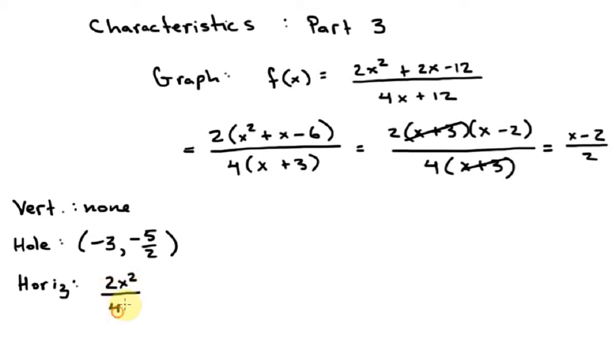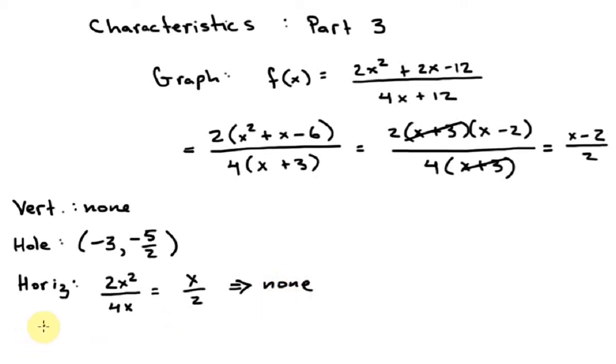These are the terms that would dominate, and this is going to turn into x over 2, which essentially means it's going to either blow up as you move to the right, or it's going to go to negative infinity as you move to the left. So the conclusion is, as far as horizontal asymptotes, there are none.